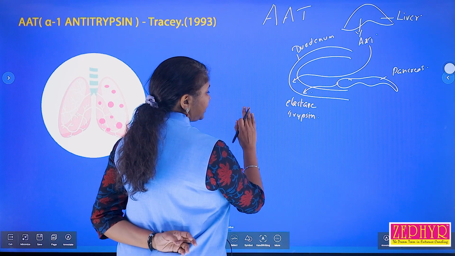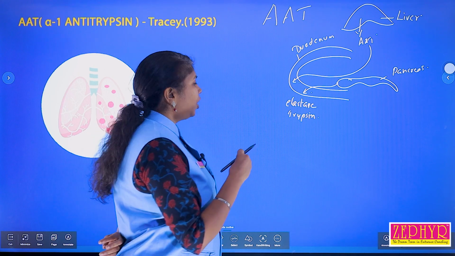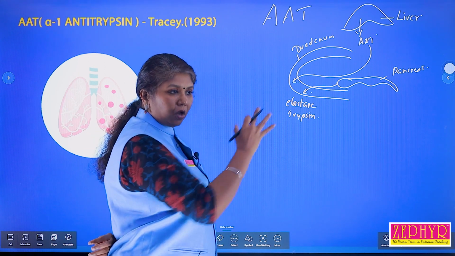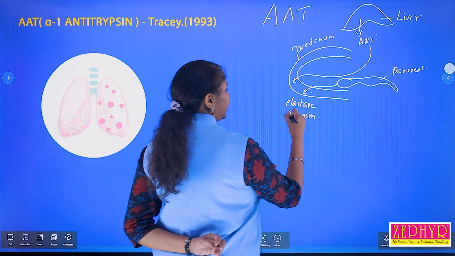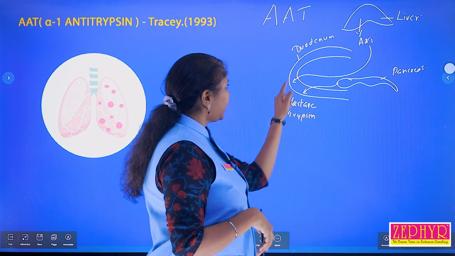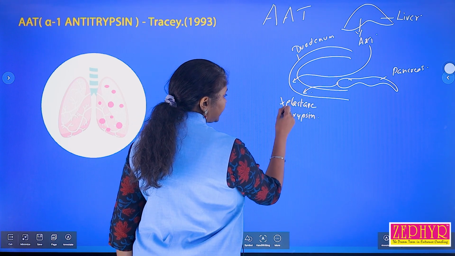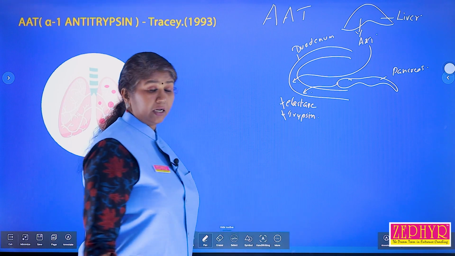If you have consumed something at the cartilage level, or something with very long proteins, then trypsin and elastase will be activated. Once the food is digested and passed on, AAT is released, so that AAT makes sure that elastase and trypsin are blocked or inhibited.